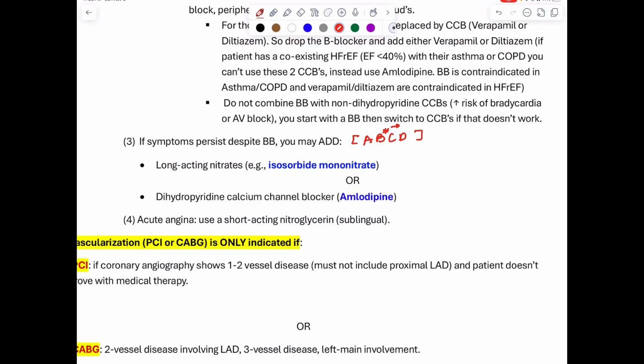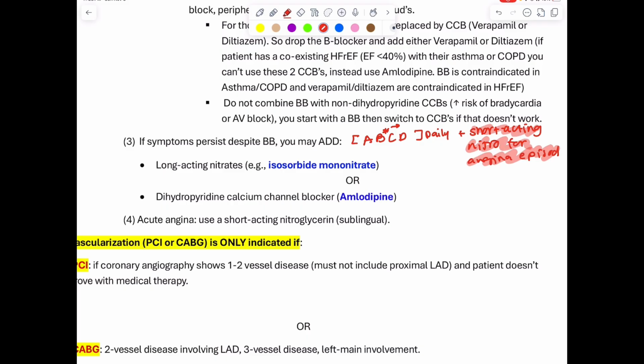This is going to be daily meds, and then you give them a short acting nitro for angina episodes. So this is what their daily treatment looks like, and then just in case they have an attack, they will get the short acting nitro.